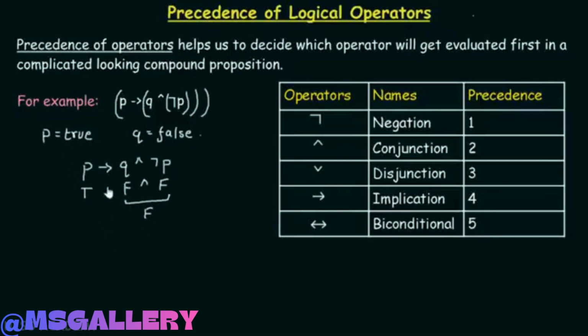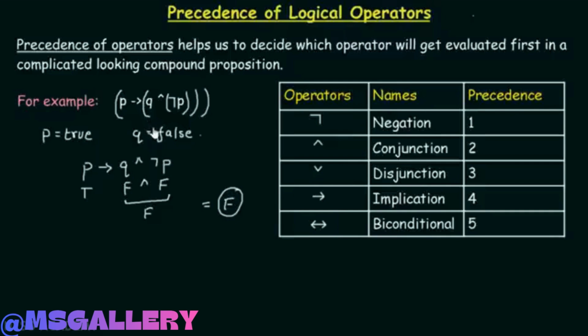As P is true and this whole compound proposition is false, therefore true implies false is finally false. This would be the truth value of this compound proposition P implies Q and not P. If we directly go without using the precedence table, then it may produce a different result. Therefore, precedence of operators is very important for us to know.